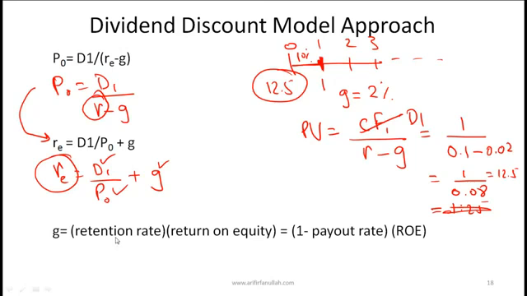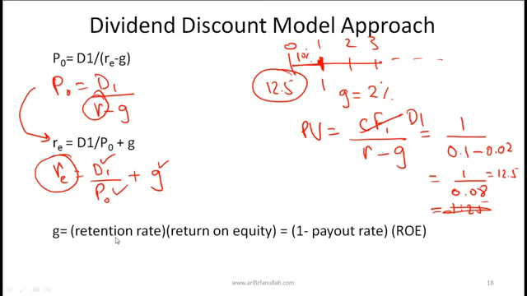So you need to know these formulas. Given a problem where you are shown the payout ratio, a payout ratio is the percentage of earnings that are paid out. So to calculate the retention rate, you simply do 1 minus the payout ratio, and multiply that by ROE. The logic for this formula is straightforward.